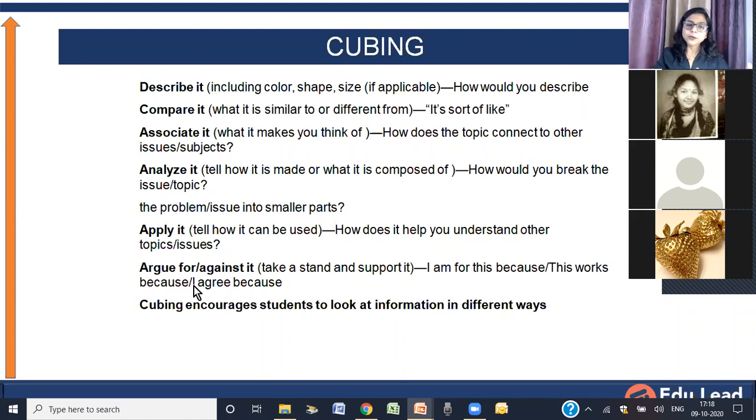You can give one group the task of describing, another group to compare, a third group to associate, a fourth group to analyze, and so on. Then when you're taking contributions from all the groups, the same topic is being viewed from many different angles, and on the basis of the ability of the students. Analyzing is done by the students where you feel that the analysis will be done in a proper manner.